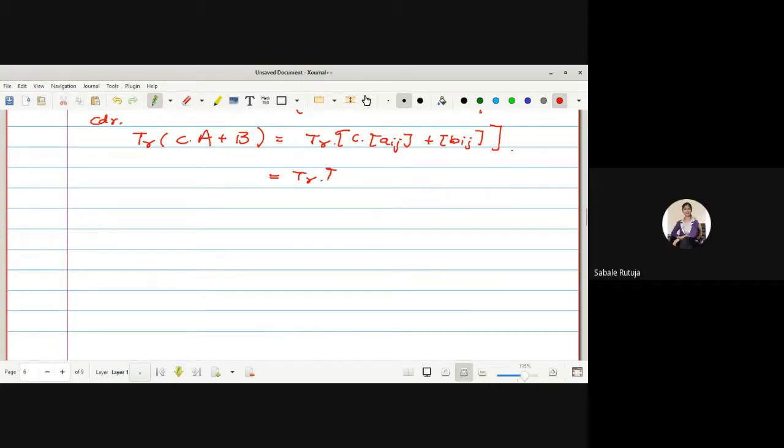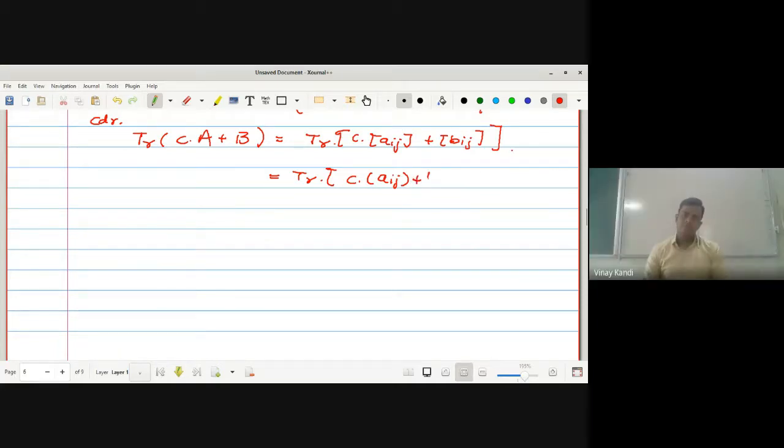So this one is trace of C into (Aij plus Bij). What is the order of this one? n cross n.